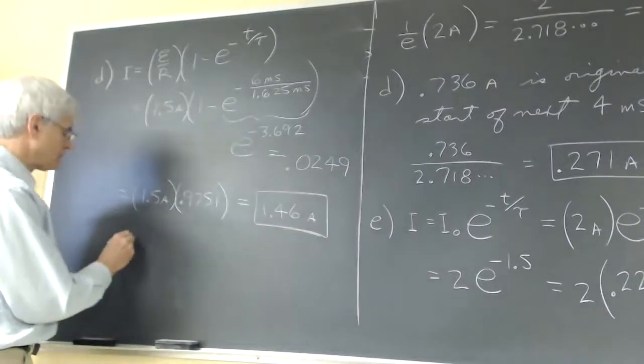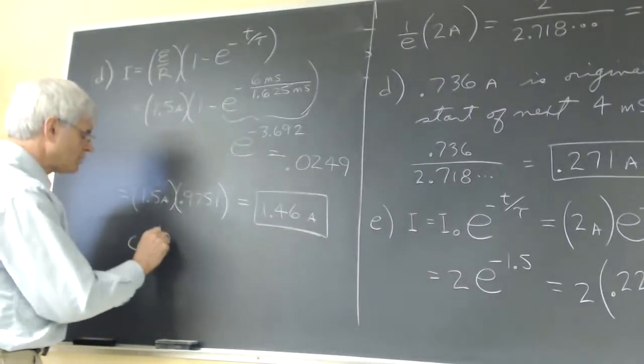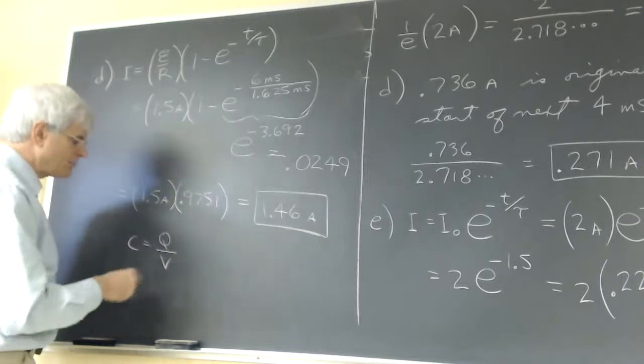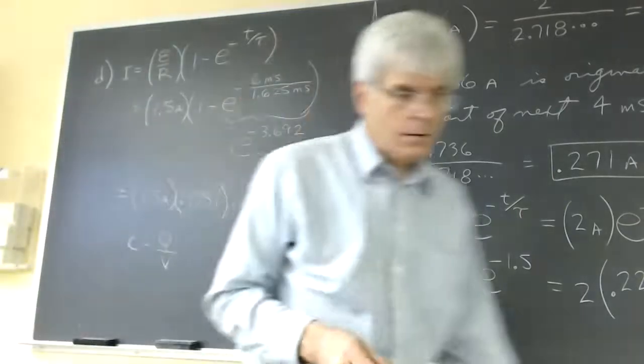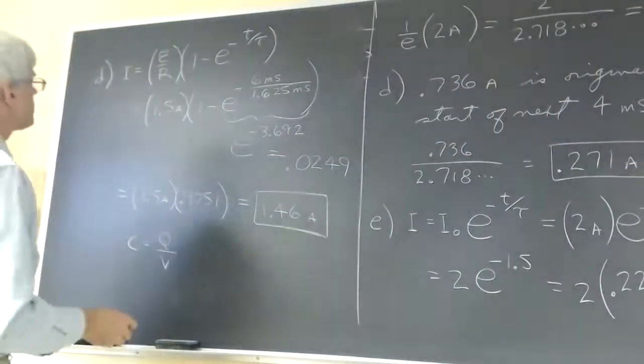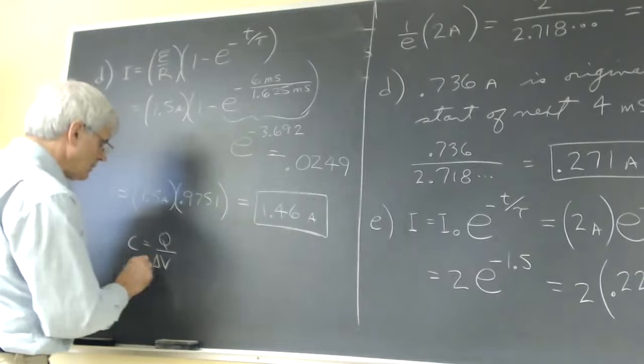Capacitance means charge stored per volt. Or actually, that would be delta V if you're really being particular about your notation.